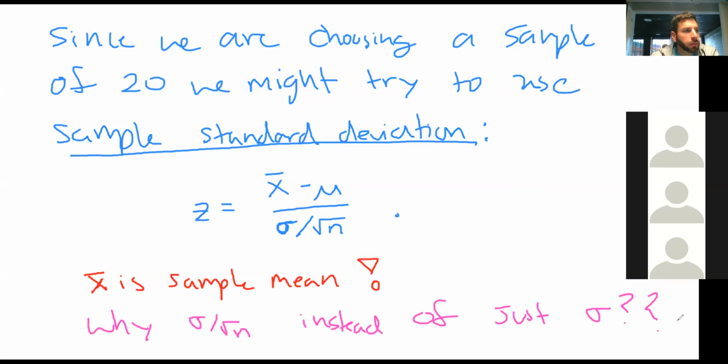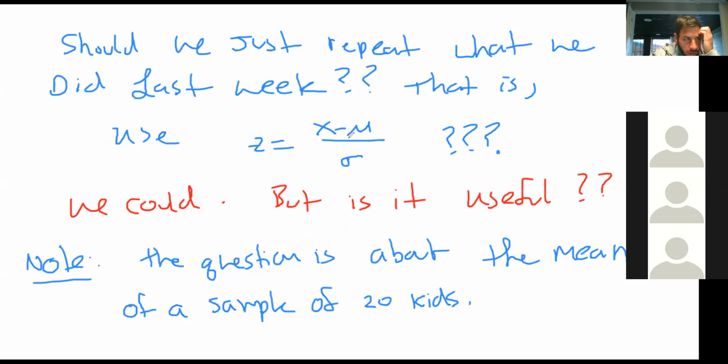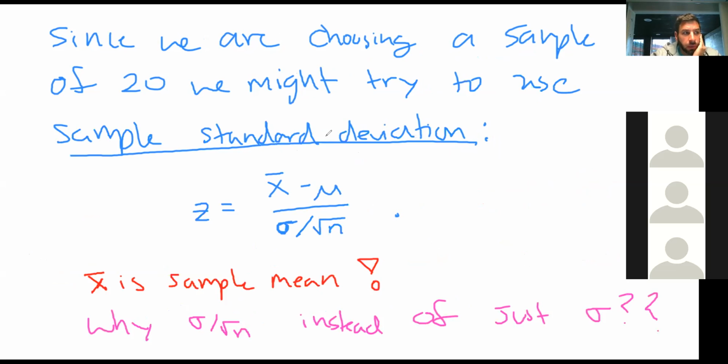What do I mean instead of? Well, our formula when we were doing single values was z equals x minus mu over sigma. Now we replaced x with x bar, and we replaced sigma with sigma over root n. What would sigma over root n be measuring?